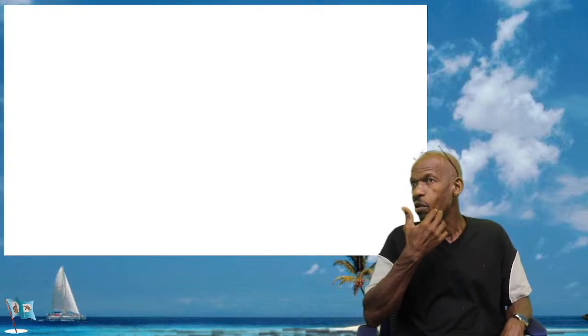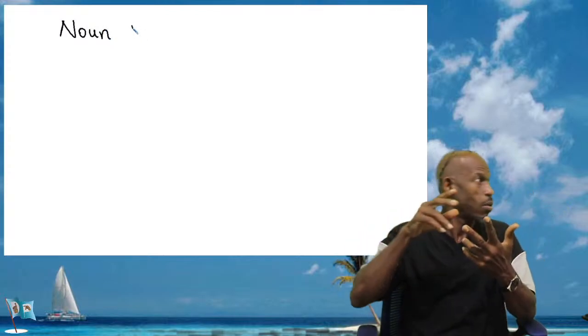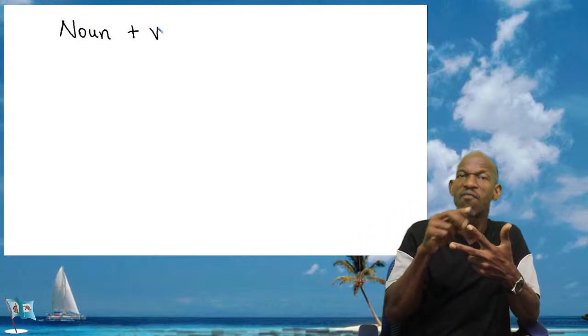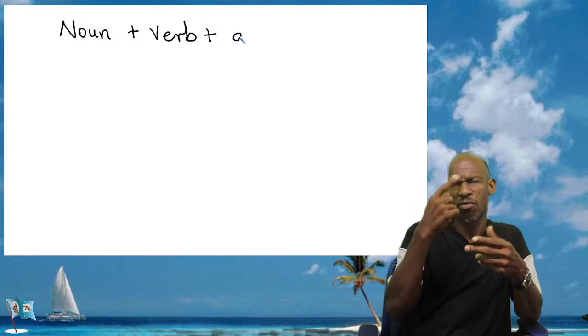Okay, in terms of why I say the church shoe, thank you very much, Sabriki. This is the order of the words in the sentence: noun plus verb plus adjective.